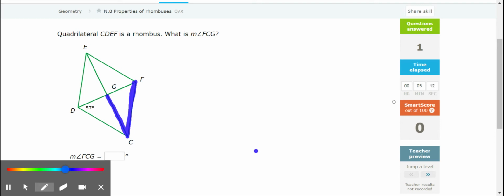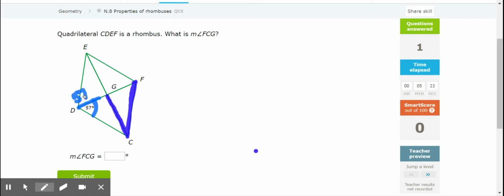So if this is bisecting this angle, and this side is 57, this side is also going to be 57. And if the opposite angle is also congruent, then this side of the angle is going to be 57 as well.